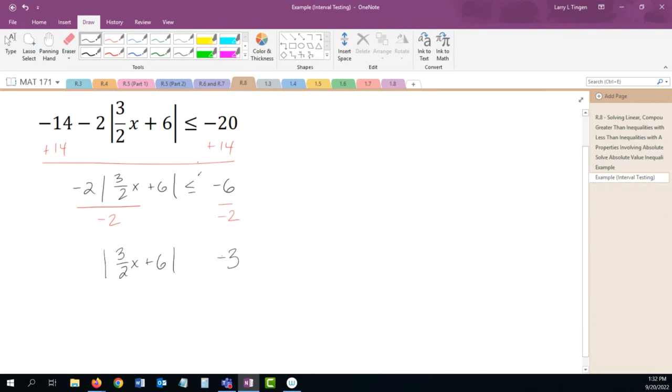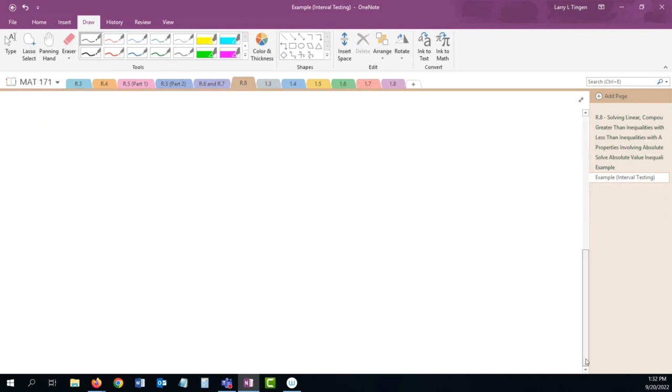On the right-hand side, negative 6 divided by negative 2 leaves me a positive 3, but my inequality was less than or equal to, and now it's greater than or equal to. All right, and we wouldn't typically write that plus. Okay, so questions. Everybody good with that? So there's our hiccup for these.